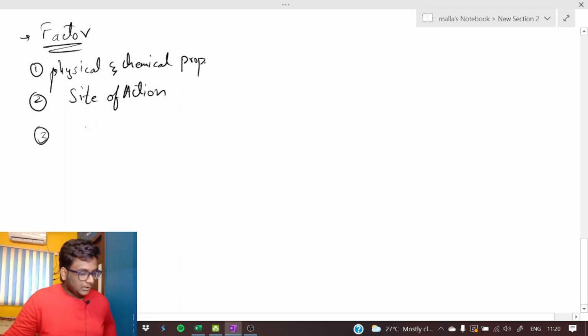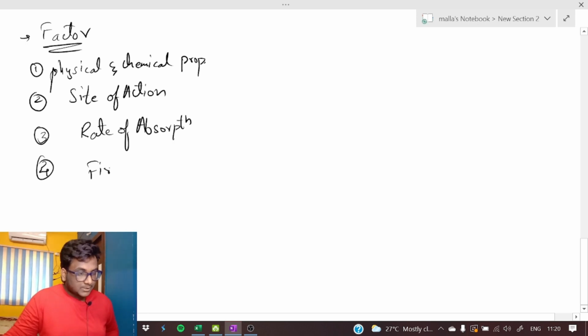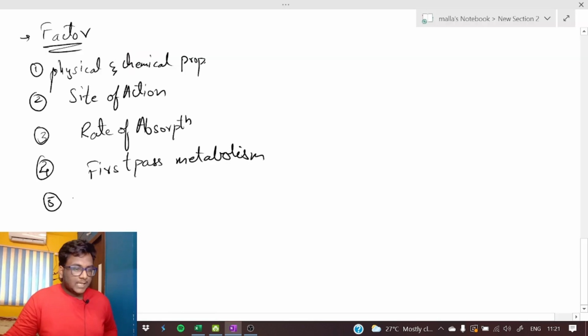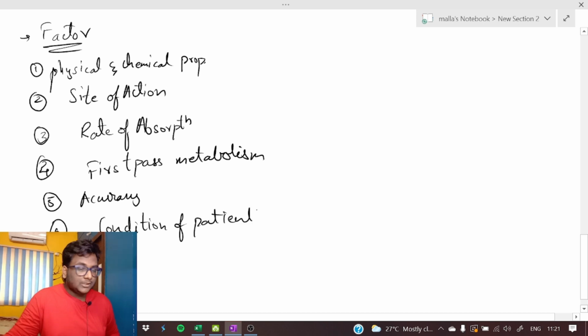The third one is rate of absorption, the fourth one is first pass metabolism, and the fifth one is urgency of the drug required. Like in emergencies, we use the fastest way possible to give a drug. And the sixth one is condition of the patient. Like if the patient is unconscious or continuously vomiting, we can't give them oral drugs, so we use intravenous or any other route of administration.